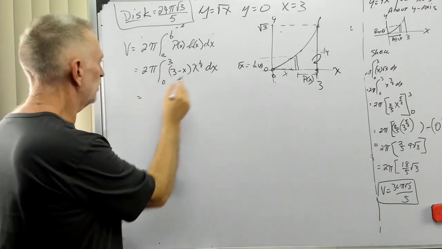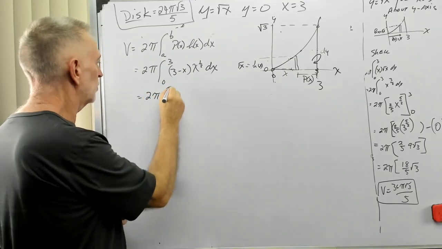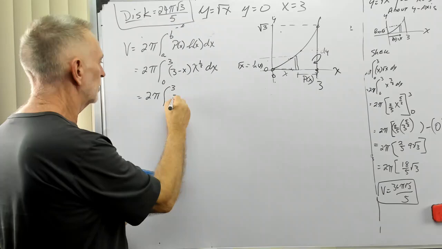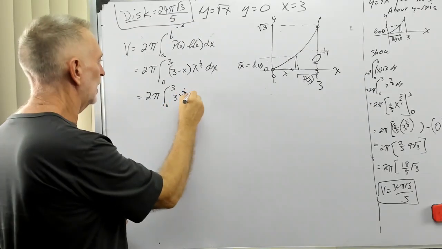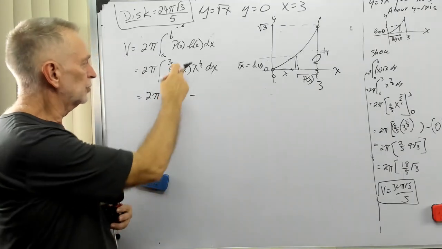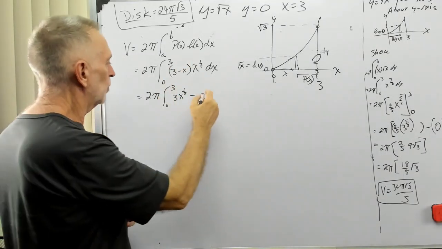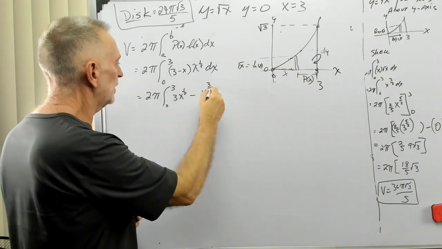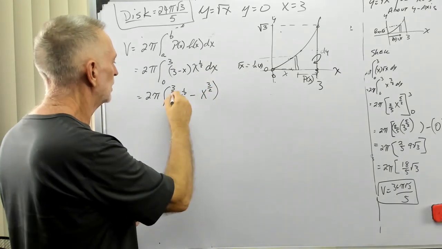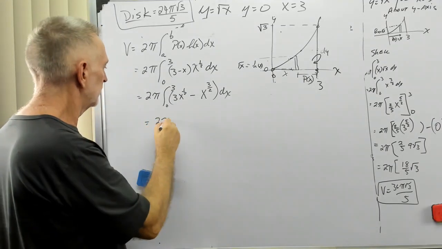Now let's distribute that to the inside. 2 pi, the integral from 0 to 3, 3 times x to the 1/2 minus x to the first power, which is 2 over 2 in this case. X to the 2 over 2 plus 1 over 2 is x to the 3/2 dx. So now let's integrate.